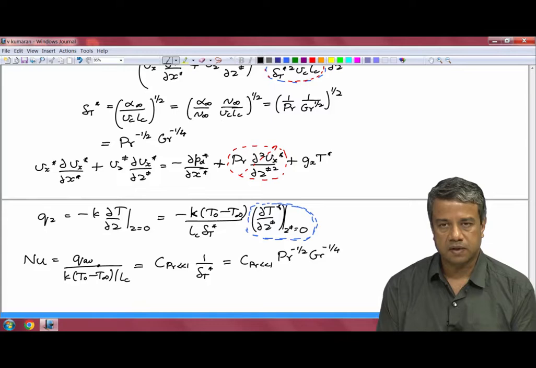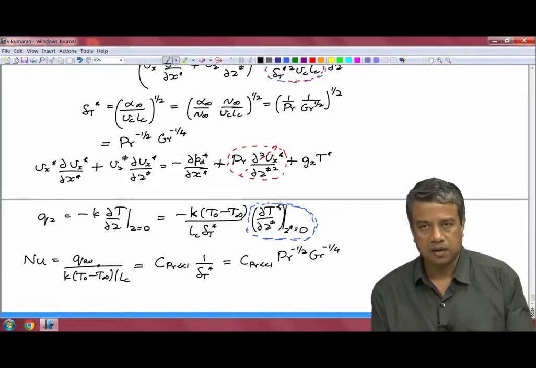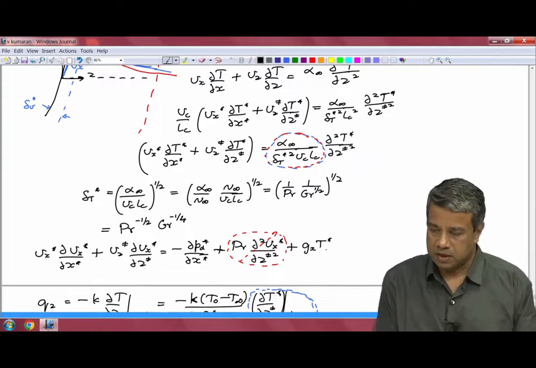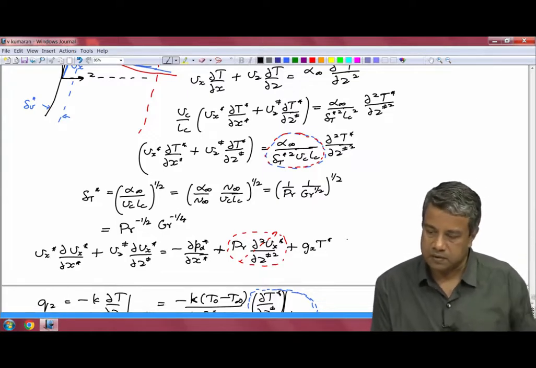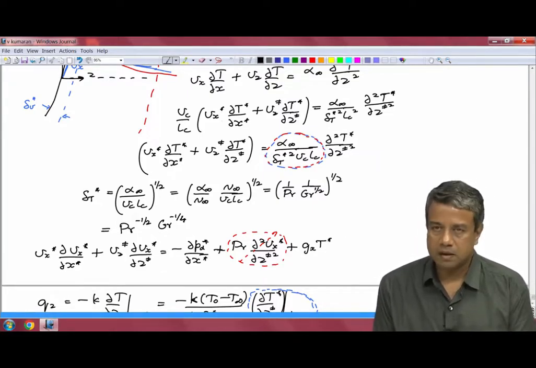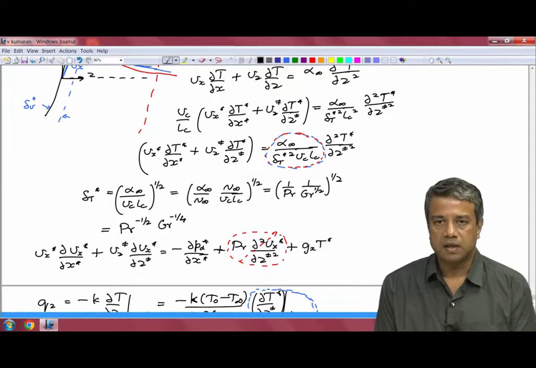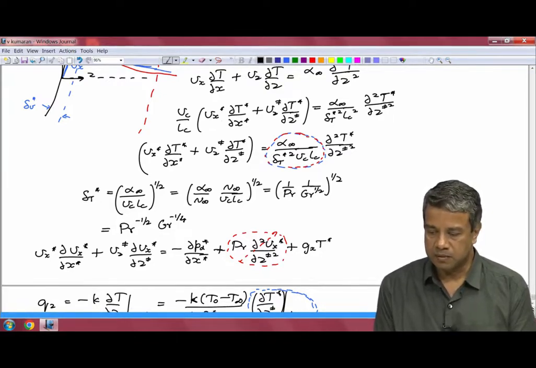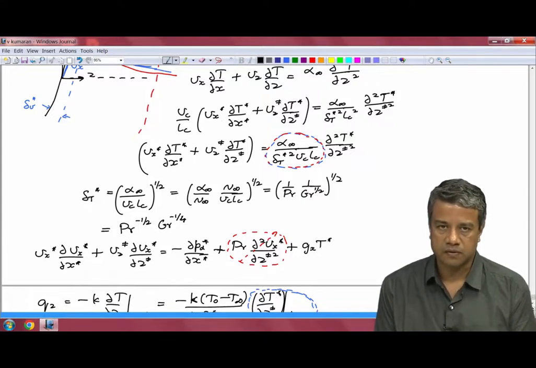Therefore, the length scale for thermal diffusion goes as Grashof number to the minus 1/4 times Prandtl number to the minus half, so that there is a balance between convection and diffusion within the thermal boundary layer. The thermal boundary layer thickness has to go as PR to the minus half times GR to the minus 1/4. And the heat flux is proportional to the temperature gradient, which is the ratio of the temperature difference and the thermal boundary layer thickness.